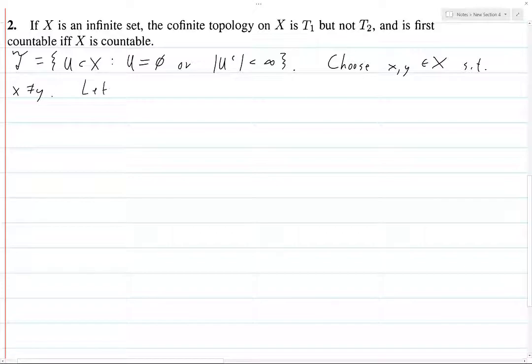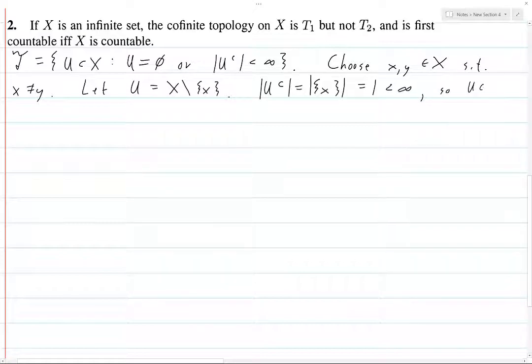Let U be the set X, but without the element x. I'm sorry that I'm using the same letter for the set and the element, but what can you do? Besides not do that. But anyways, the size of the complement of U is the size of the singleton set {x}, which is 1, which is finite.